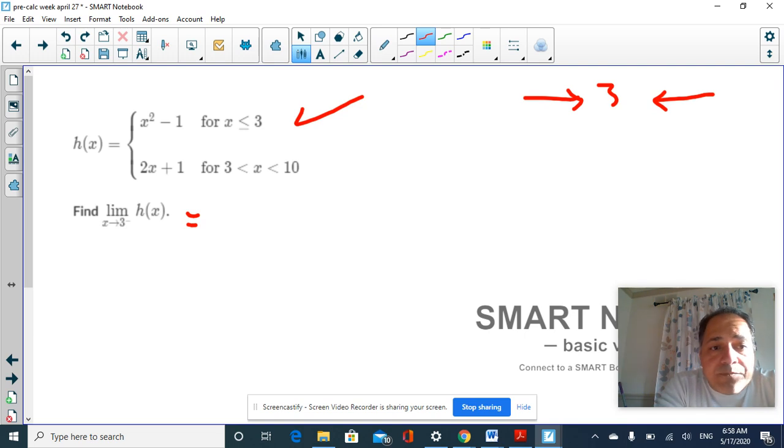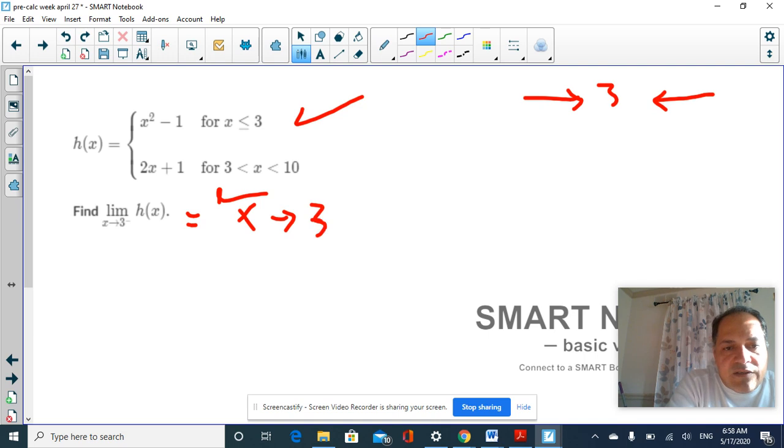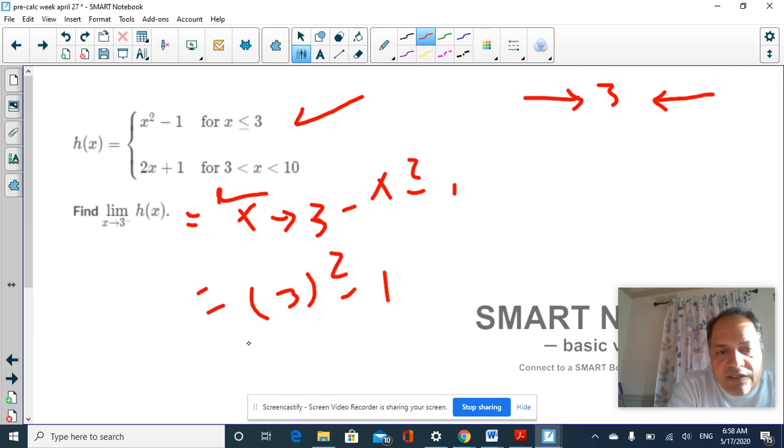Now, just plug in x squared minus 1, so the limit as x approaches 3 from the negative side equals 3 squared minus 1, which is 9 minus 1, which is 8.